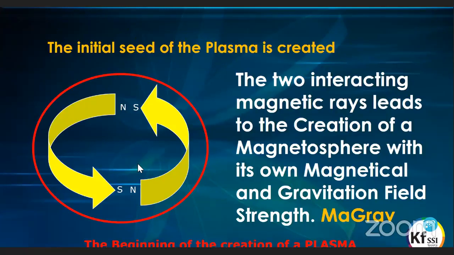And when you have the two interacting magnetic rays, it leads to the creation of a magnetosphere with its own magnetical and gravitational field strength. So that tiny little entity now has its own magnetical gravitational strength, and the combination of the two creates a new strength.